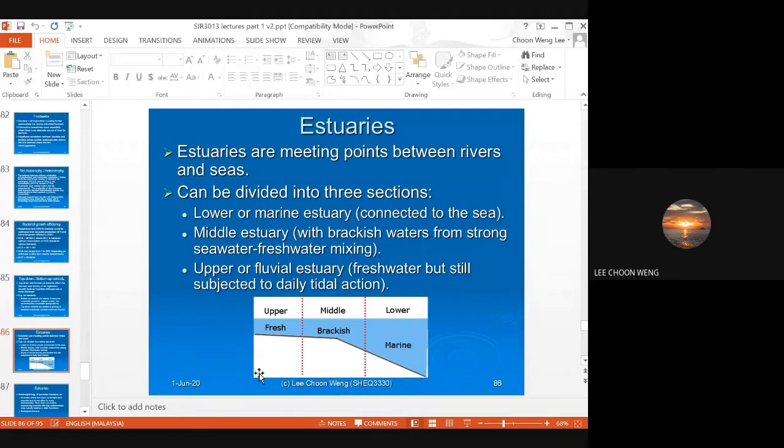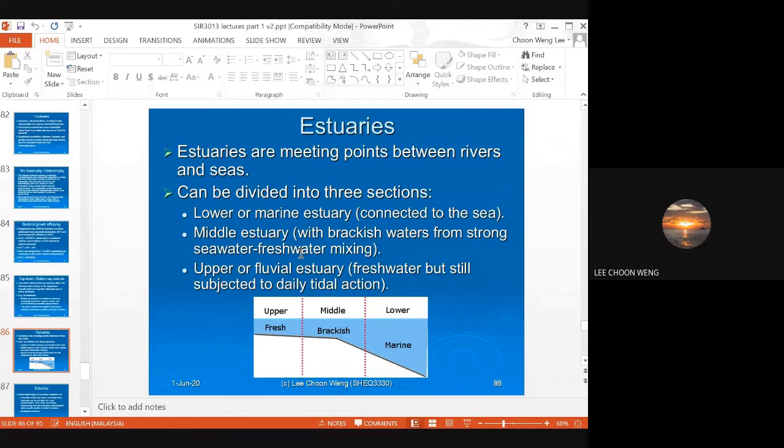That demarcates the upper limits of your estuary, where you still observe salinity and you still observe tidal action. The middle estuary is brackish water. Brackish water is usually about 5 parts per thousand to about 25 parts per thousand salinity.